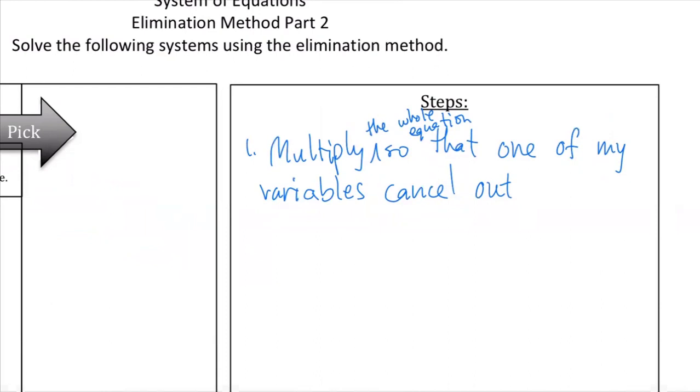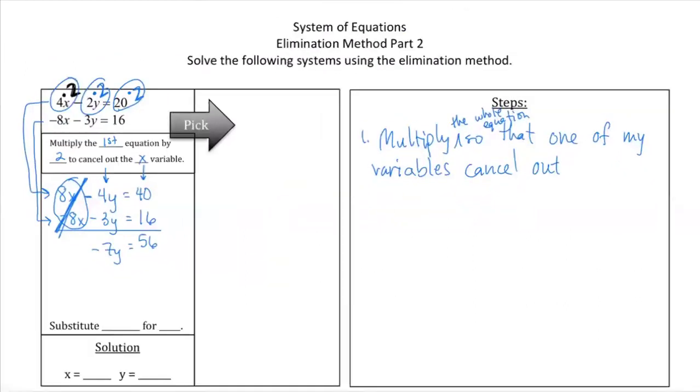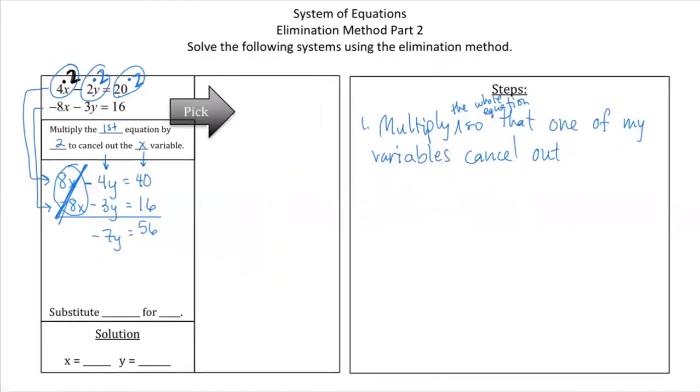Go ahead and write that down for step number 1. Multiply the whole equation so that one of my variables will cancel out, which is exactly what happened here. I multiplied the top one by 2. And since I did that, now my x variables cancel out.